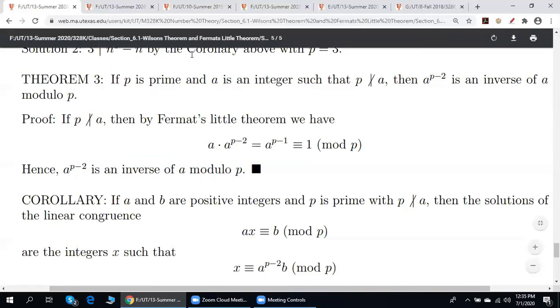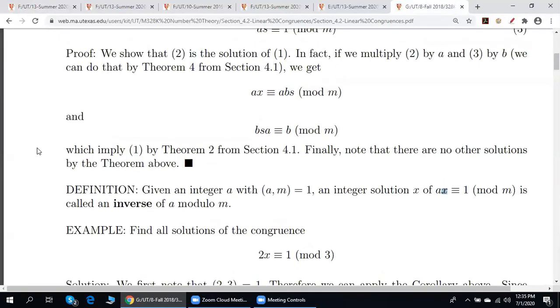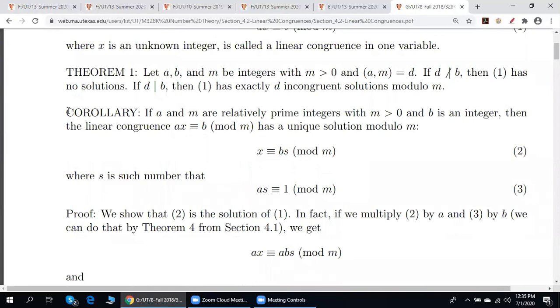Next, let us go back to section 4.2 again. Remember, in this section, we discussed the following corollary. If A and M are relatively prime, in order to find a solution of this congruence, we do the following. Step 1, we solve this congruence, and then x in solution of this congruence is congruent to bs modulo m.